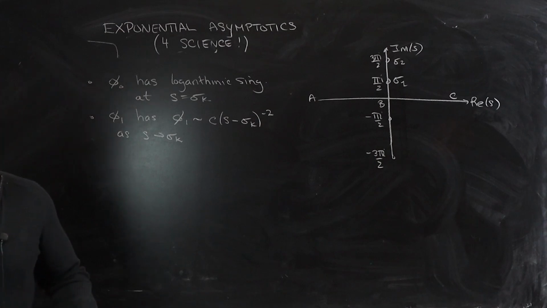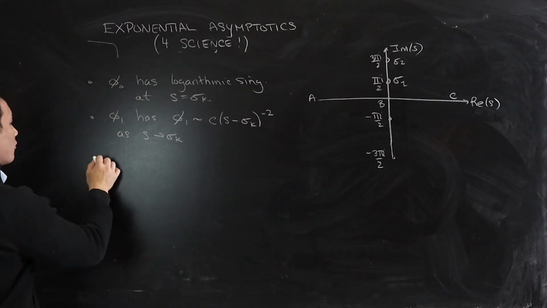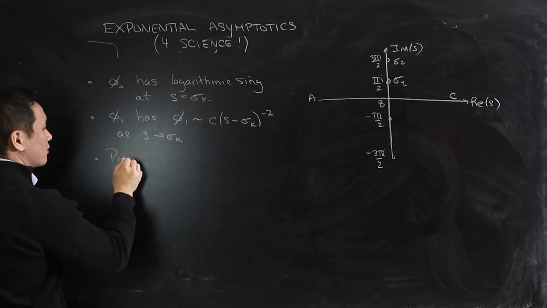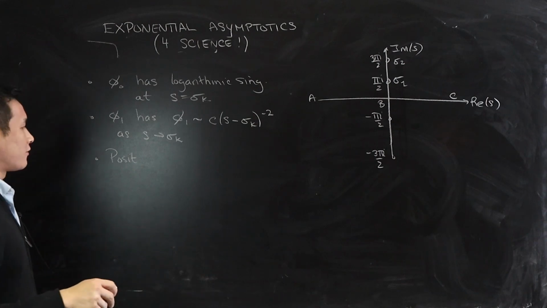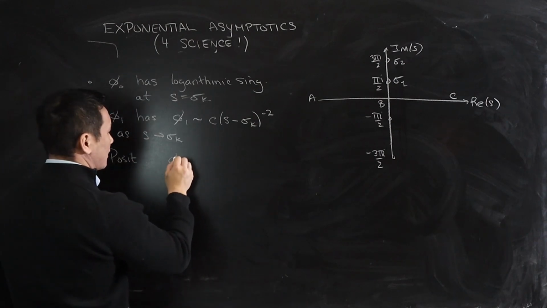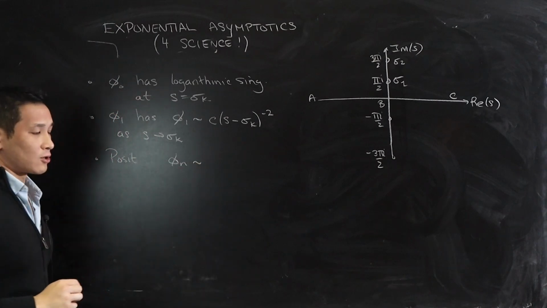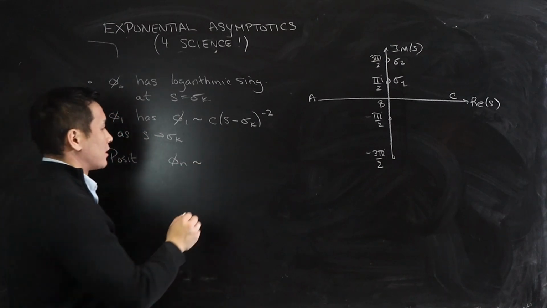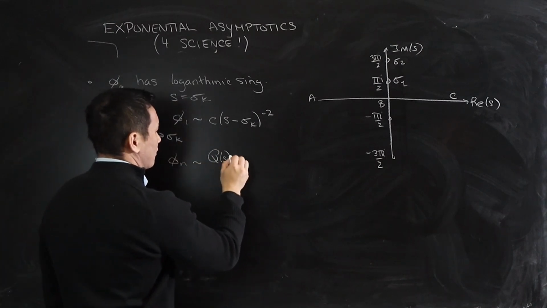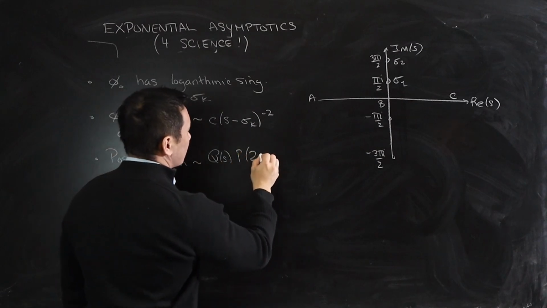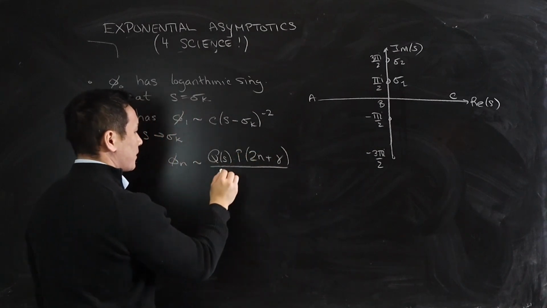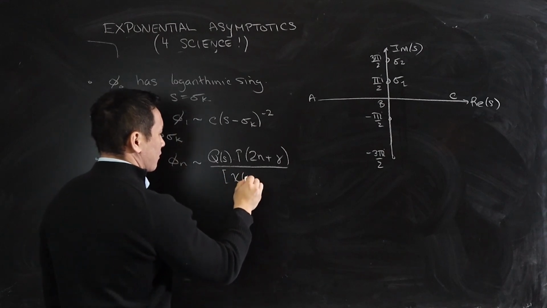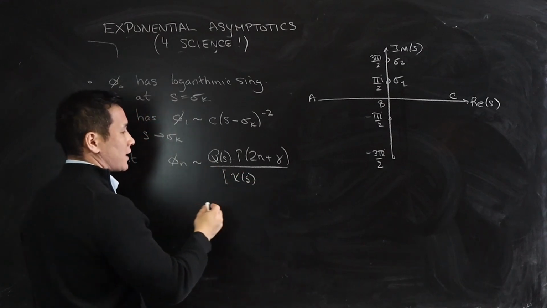Okay. So now what you want to do is posit what the trend is for the factorial over power. And in this case, you're going to have a factorial over power, but it's going to be a little bit different. It's actually a 2n plus gamma instead of an n plus gamma. Everything is a function of s.